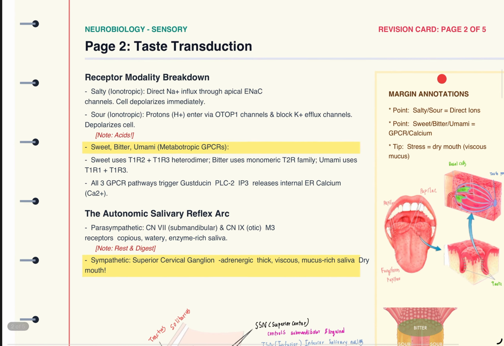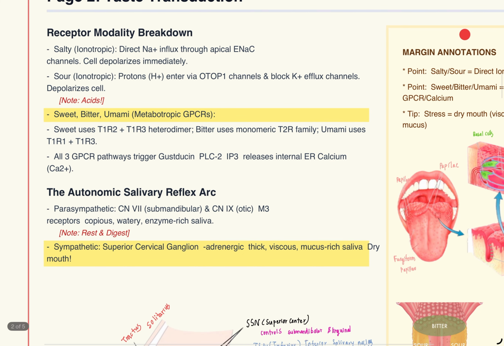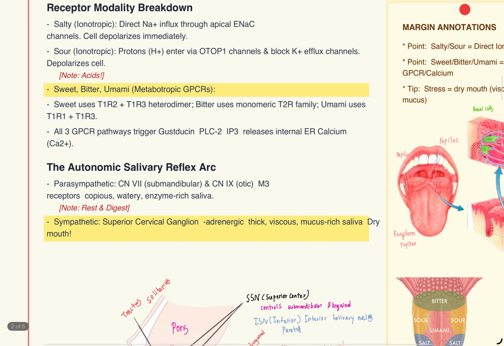So if we talk about taste transduction, as I told, salt taste is due to ionotropic, so sodium plus influx, and sour taste is due to protons entering via these channels. And metabotropic ones are G protein coupled receptors.